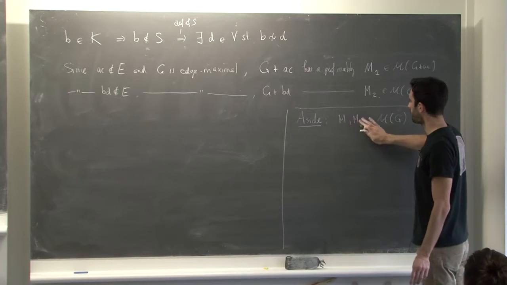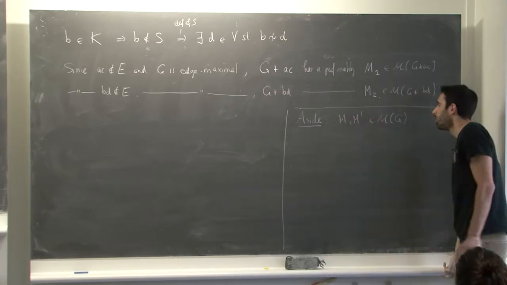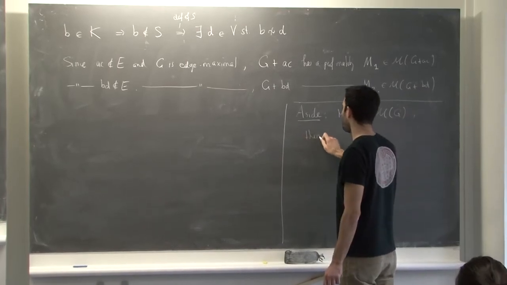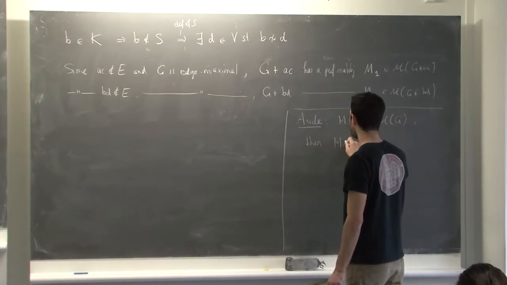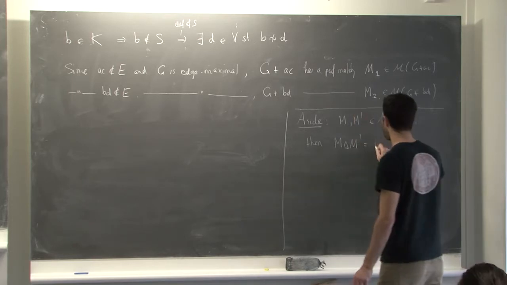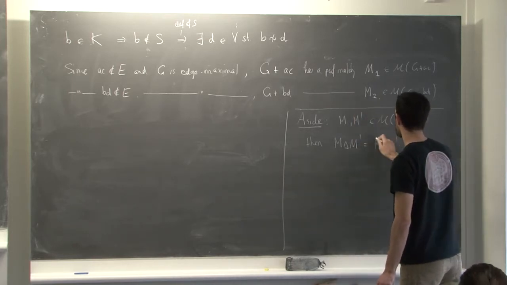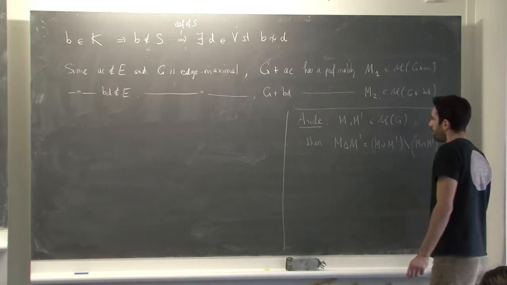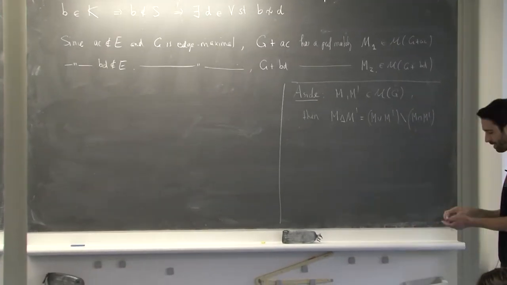But let's say if you have M and M prime, two perfect matchings on a graph, then their symmetric difference, meaning the union of both minus the intersection, you see what this is.